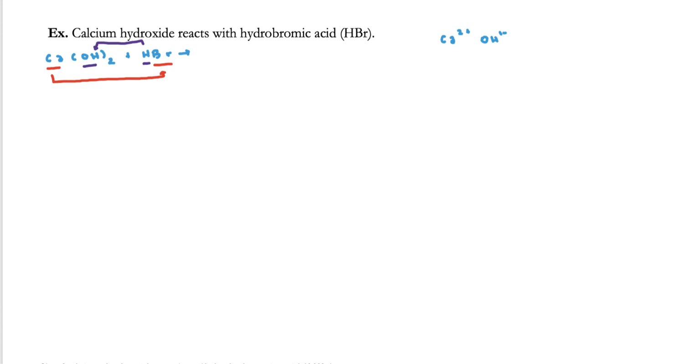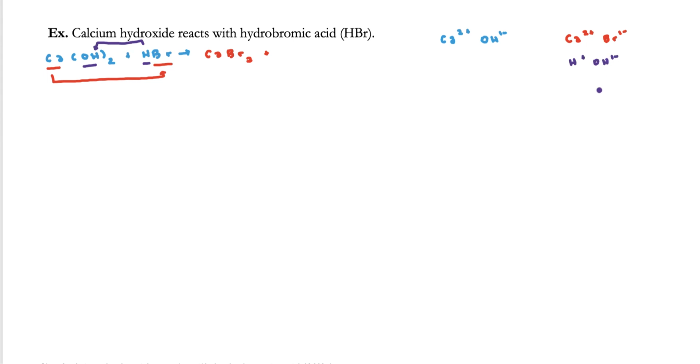So for this problem, calcium, as we noted before, has a 2+ charge. Bromine has a 1- charge. So when you cross your charges, this is going to become CaBr2. So there's one product. Your other product is going to be what results from hydrogen, which has a +1 charge, crossing with hydroxide, which has a 1- charge.